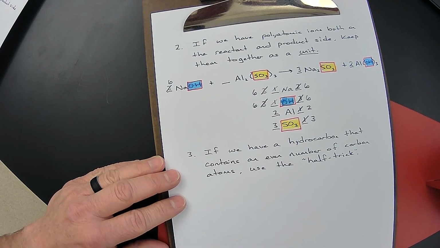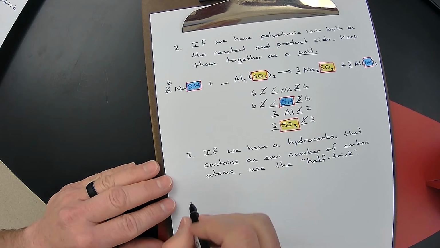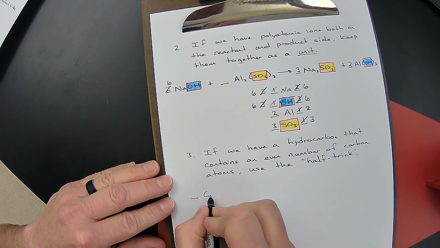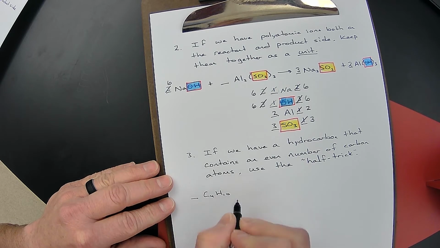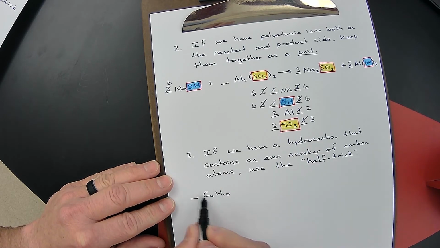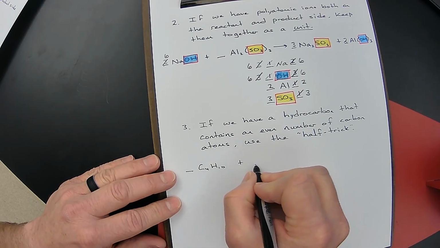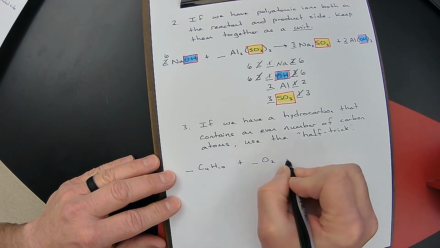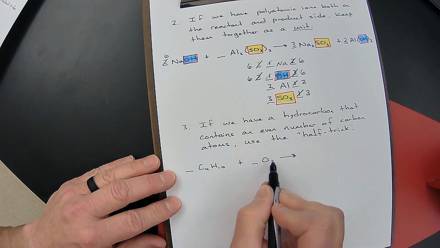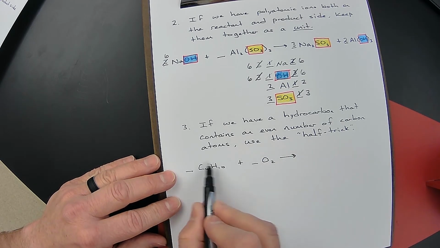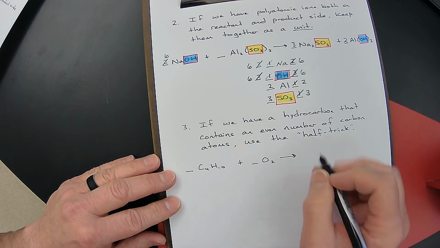Let's say that we have a hydrocarbon of C4H10. It's a hydrocarbon because it contains hydrogens and carbons. C4H10, and this is a very common reaction. It's called a combustion reaction, where you take a hydrocarbon reacting it with oxygen.